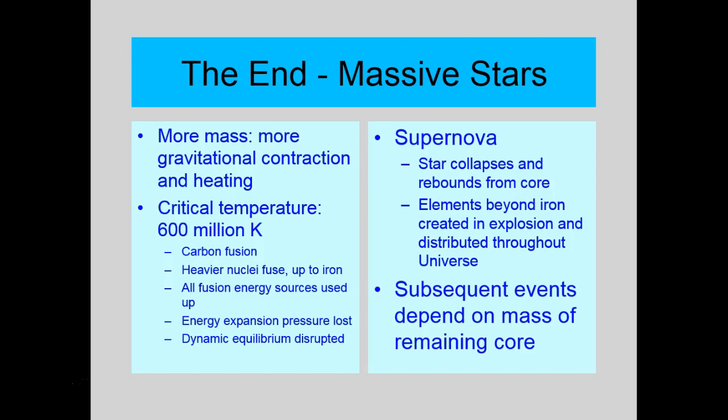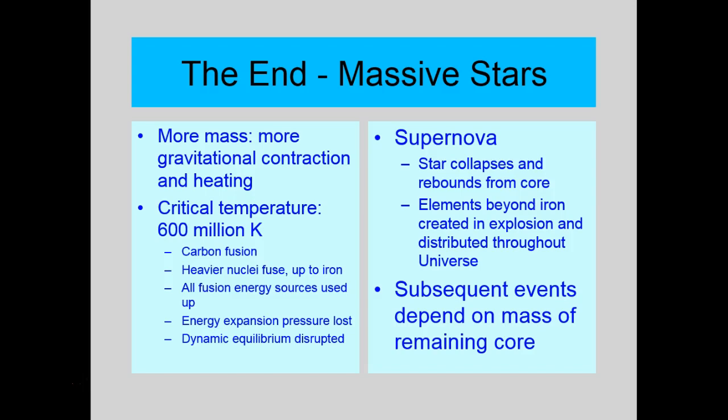Now, that collapsing, in a sense, does do some more fusion. Okay? It's not the regular fusion that we had here. In a sense, it's sort of like that, but this is where the heavier elements come into play.